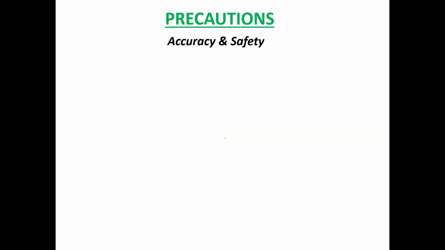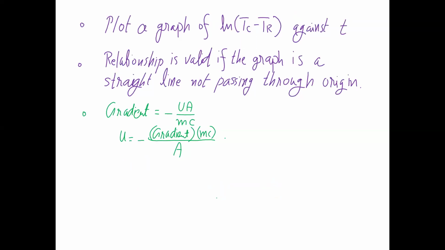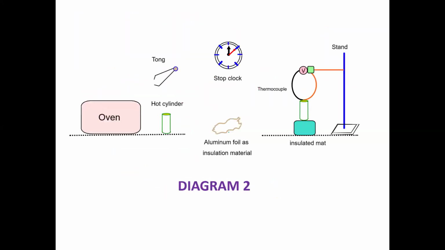Precautions, accuracy, and safety. Accuracy and safety precautions, whatever you can find for me. So you can mention here the cylinder would be very hot. You have to be careful. You can use insulation and lagging, but that we already have to use now.